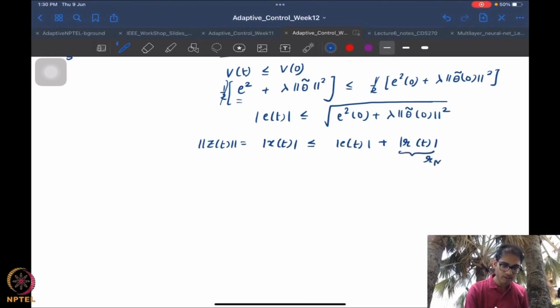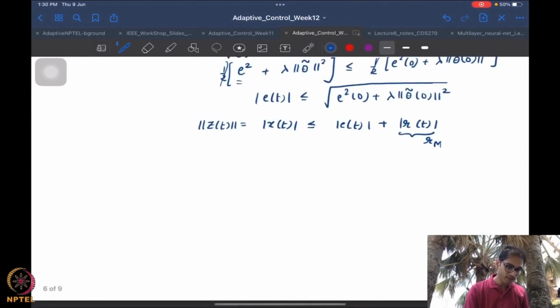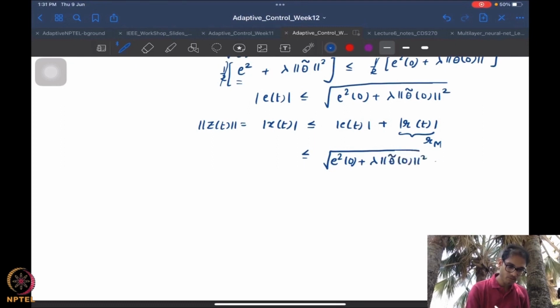So if I take the upper bound as Rm, this is less than or equal to square root of e squared 0 plus lambda norm theta tilde 0 squared plus Rm. This is my bound on norm Z, right?